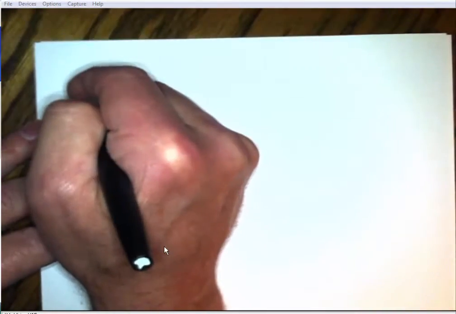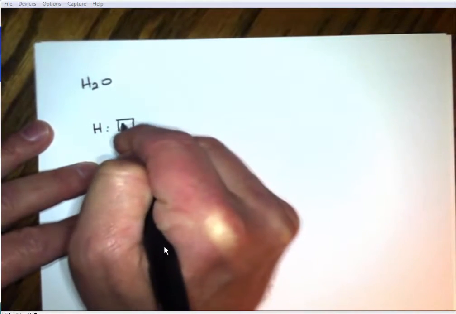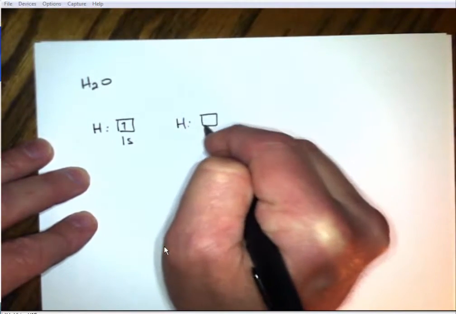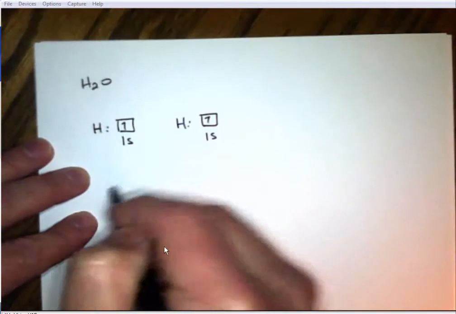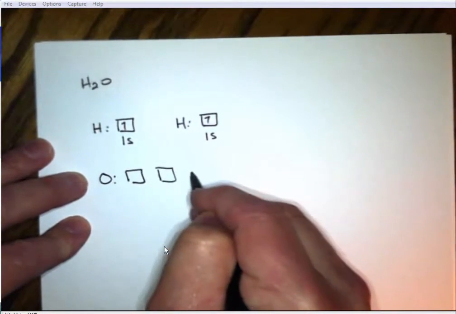So if we have H2O, hydrogen has one valence electron, which in orbital notation we represent in this way, and we have two of them, and oxygen has this orbital notation.